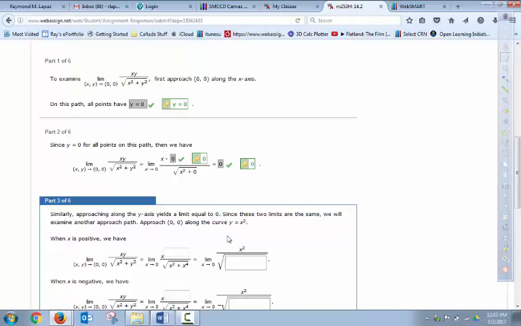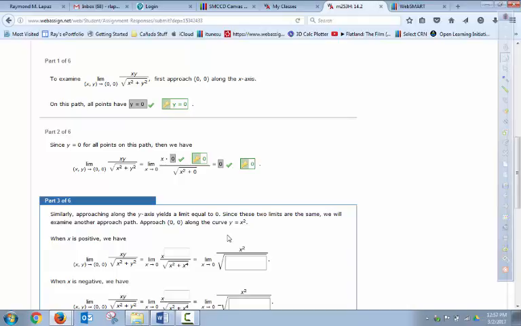Since these two limits are the same, we will examine another approach path. What they're trying to get at is the idea that if you take the limit from one side and from the other side, and they're different, then the limit doesn't exist. If they're the same, then the limit does exist.